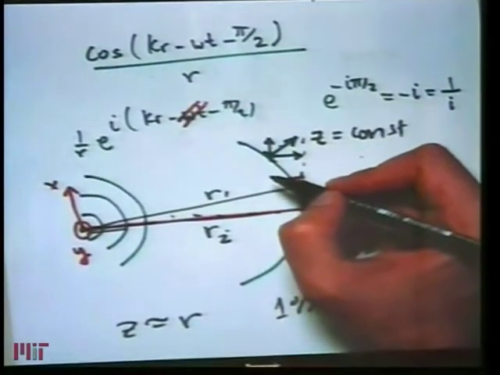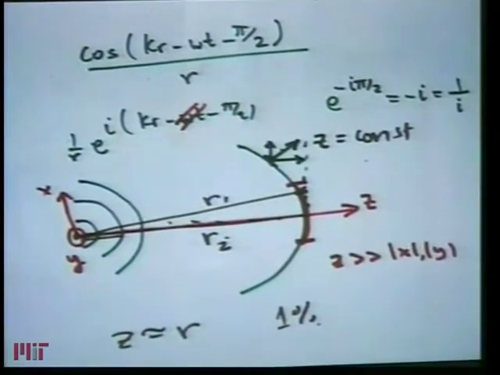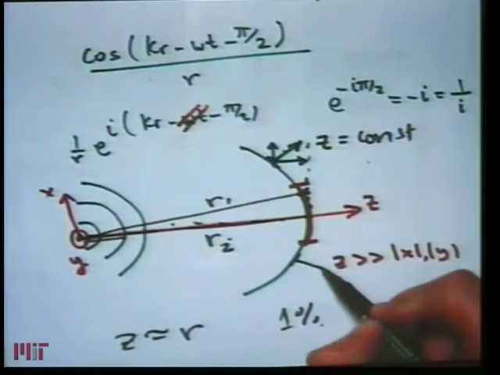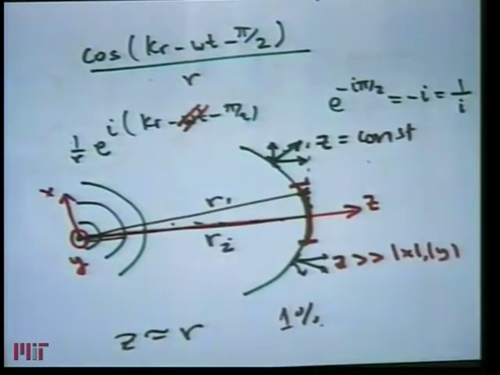So it is true, kx and ky are also very small. But we have to be careful with a spherical wave because, for example, here you have a different kx and kz. So what does it mean?